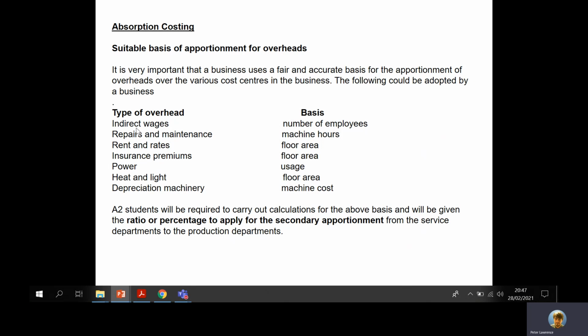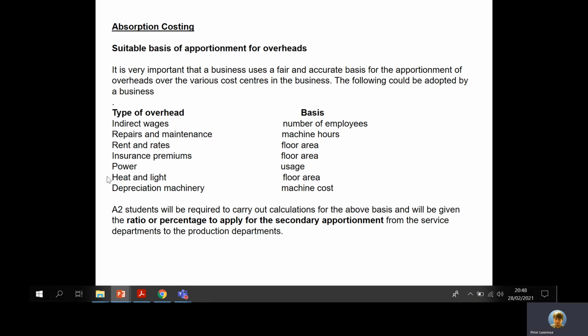Those are wages to non-production staff for each department. You might decide to split that between the departments based on the number of employees they have. Your repairs and maintenance might be based on machine hours. Most common is rent and rates and insurance. Now, you do those on floor area. The bigger a department is, the more of the rent it should be taking.